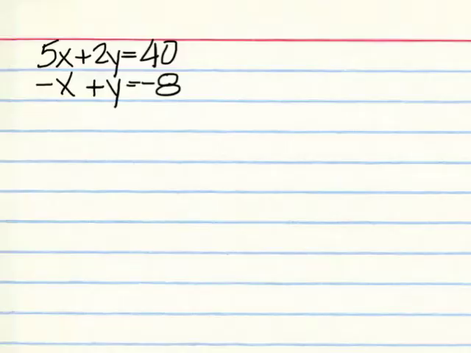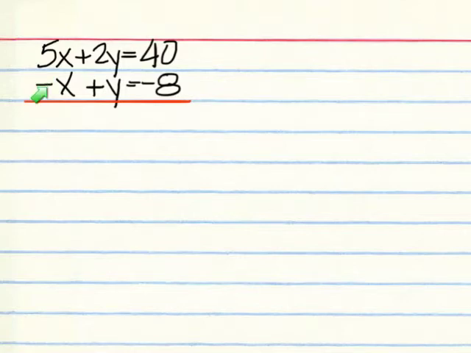Practice problem. 5x plus 2y equals 40 and -x plus y equals -8. Solve the system of equations. The solution for the practice problem: you have a 5 and a -1. The least common multiple between the two would be a 5.